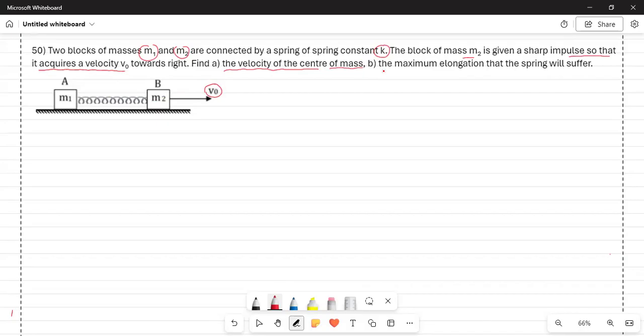Now, what is the velocity of the center of mass? This part is very, very easy.